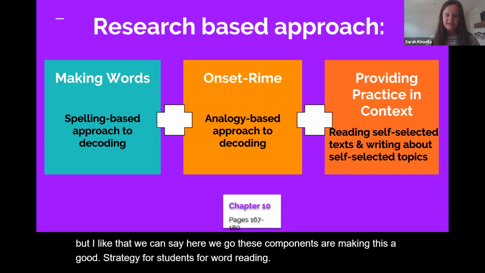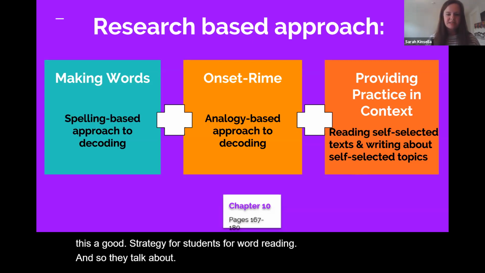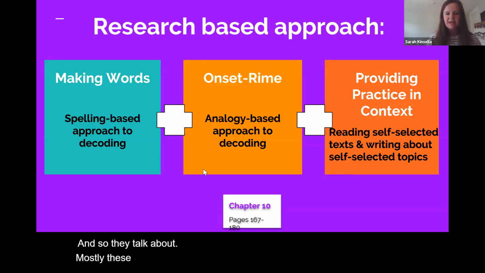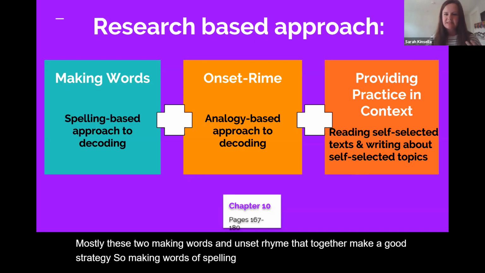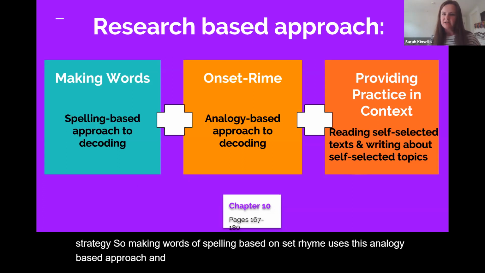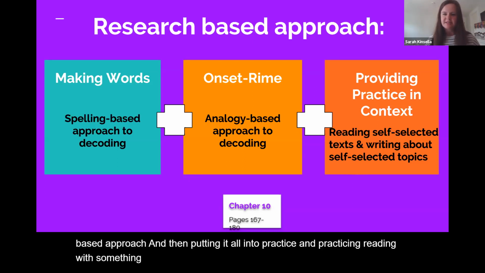And so they talk about mostly these two, making words and onset rhyme, that together make a good strategy. So making words is spelling based, onset rhyme uses this analogy based approach, and then putting it all into practice and practicing reading with something you're interested in, practicing writing about topics you're interested in.